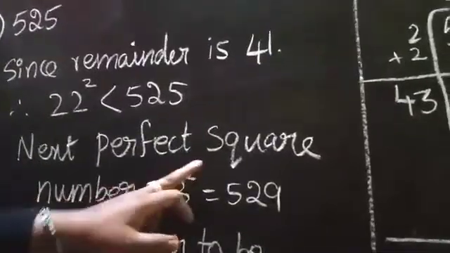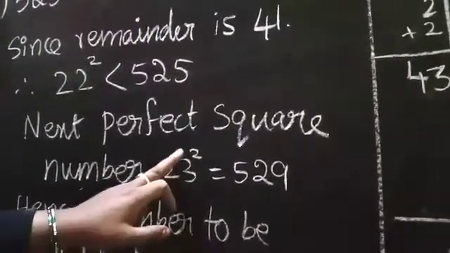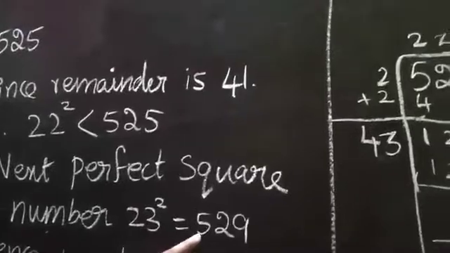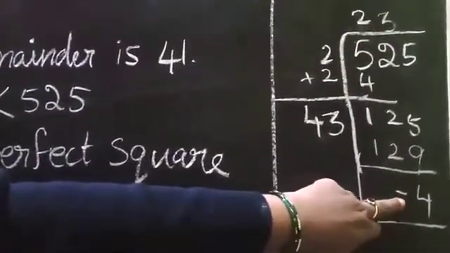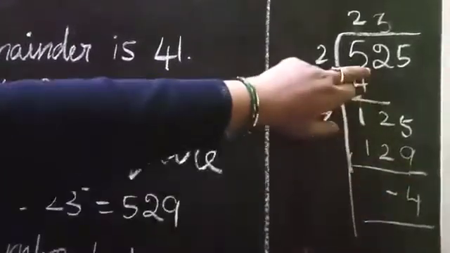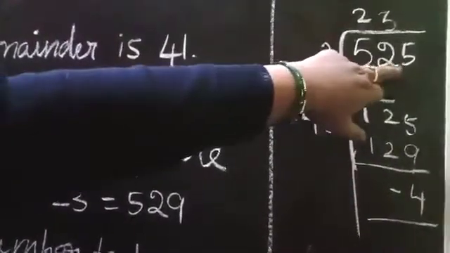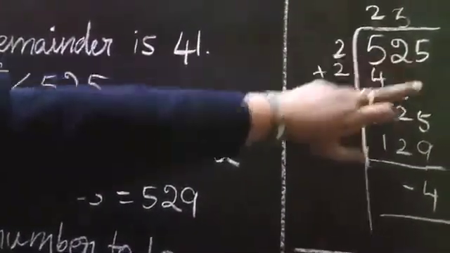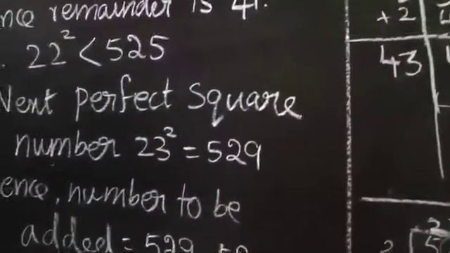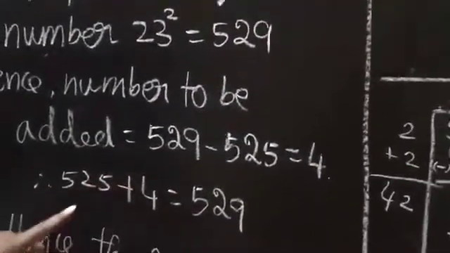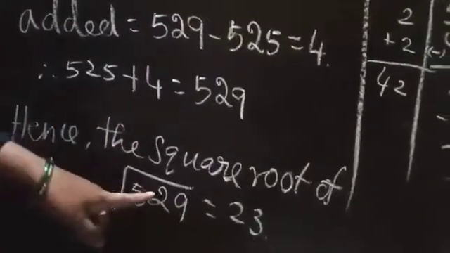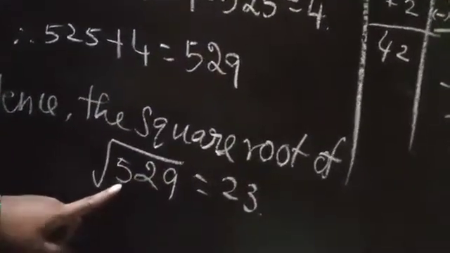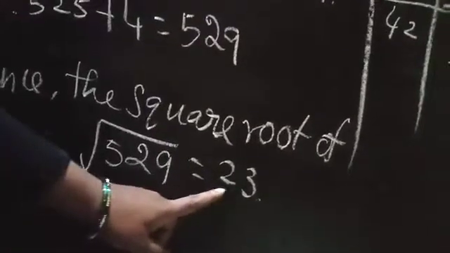Next perfect square number is 23 squared. 23 squared is equal to 529. 529 means this remainder 4 we have to add with this 525. Then 525 plus 4 is 529 we will get when we add this remainder here. Hence the square root of 529 is equal to 23.